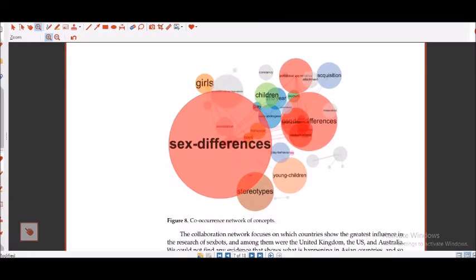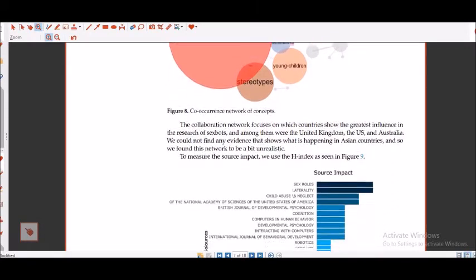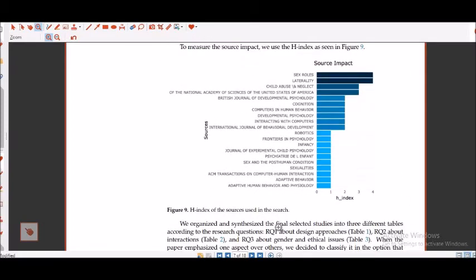Even this one, the co-occurrence network of concepts, which is called a bubble graph, is also available in WOS, depending upon the choice of keywords that you are going to use. And this is the source impact, where you can see how well they have developed, which is called the H index. This particular diagram has also been taken from WOS.